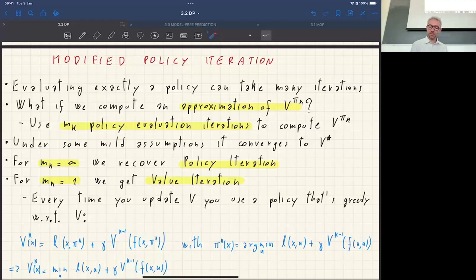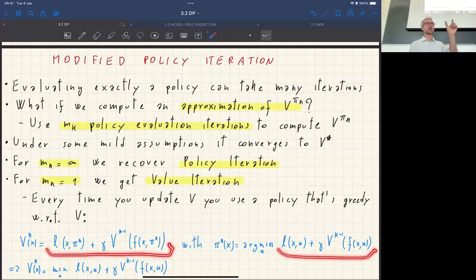And now that we have written them down, we can observe that what we are minimizing here is exactly the same thing we are evaluating here. They are the same. I have the cost, I have the discount factor, and I have v_{k-1}. That's exactly the same value I'm using. And since they are the same, I can do both things in just one line, which is the following one.